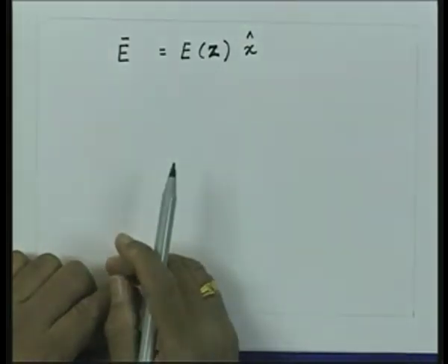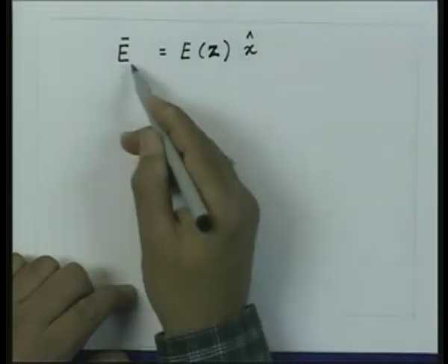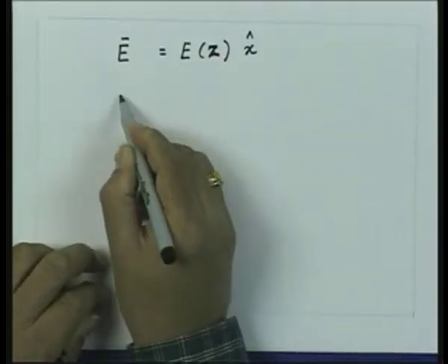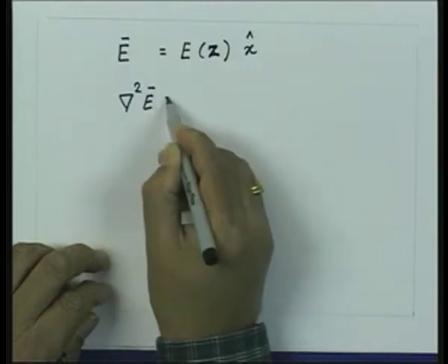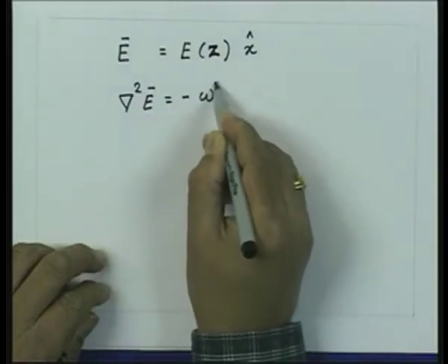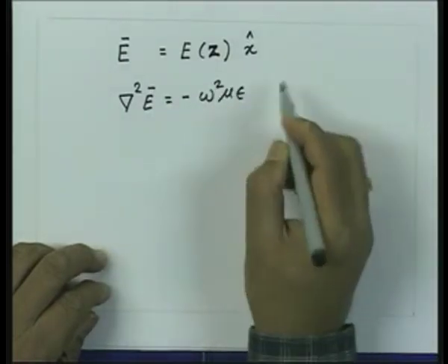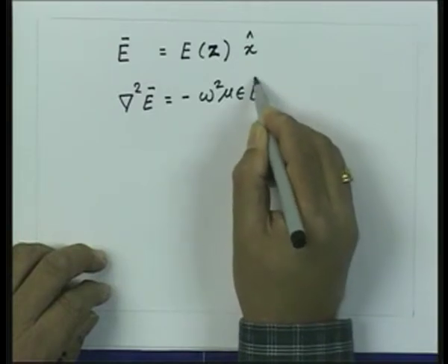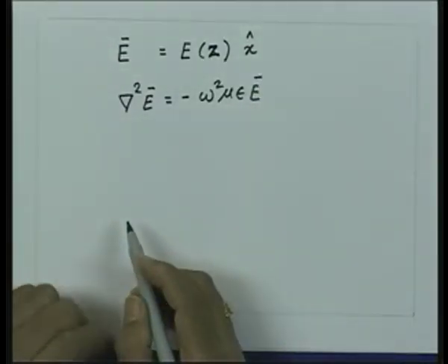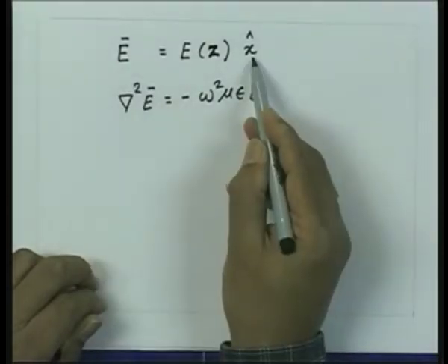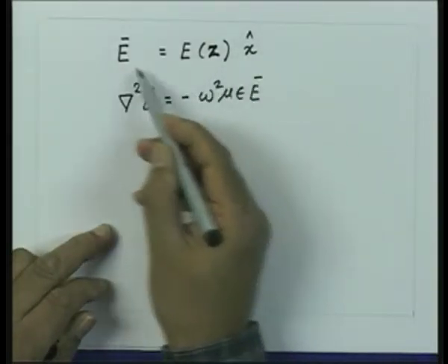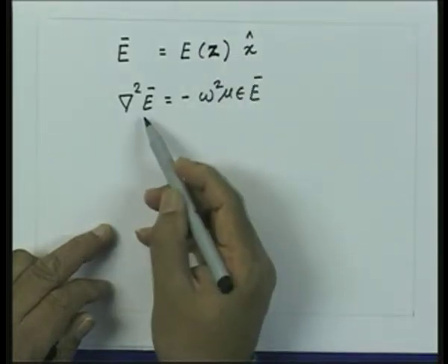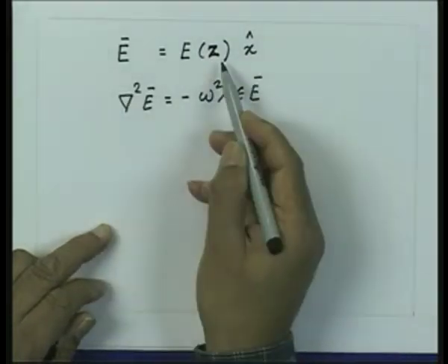Once we do that, then I can go back and substitute this field in the wave equation, and that is del square E is equal to minus omega square mu epsilon into E. And since I have only one component, which is the x component, I substitute the x component into this. So, this equation should be satisfied by the x component.